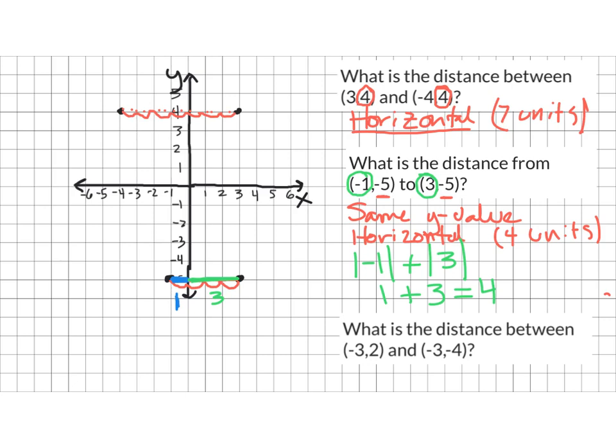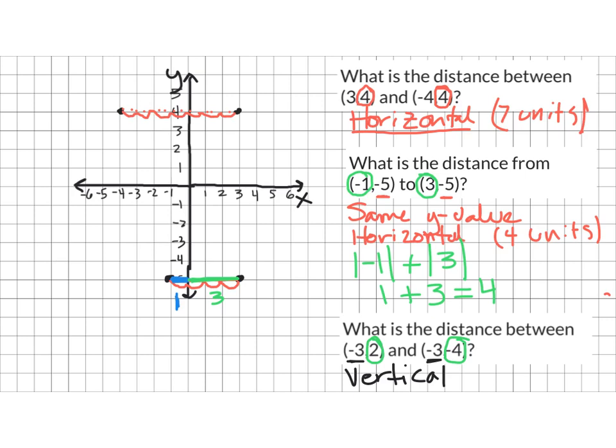Did you notice that this time the x values are the same, which means that these must be lined up vertically, which then means that we want to look at the y values, 2 and -4, and think about how far apart those would be.